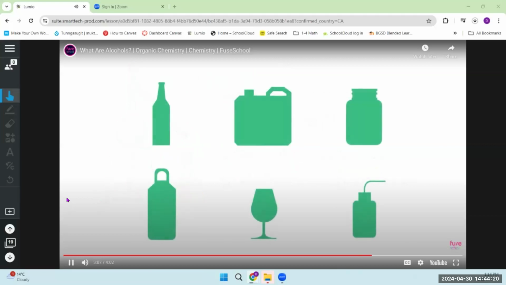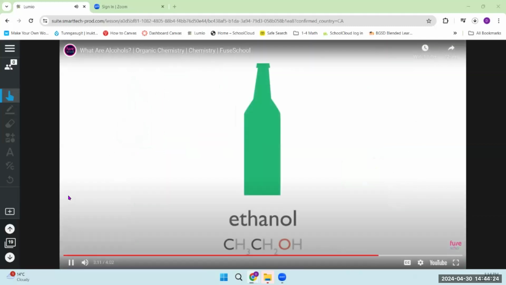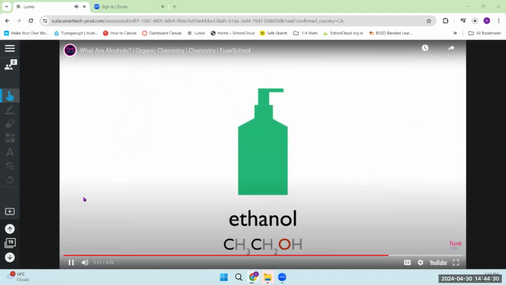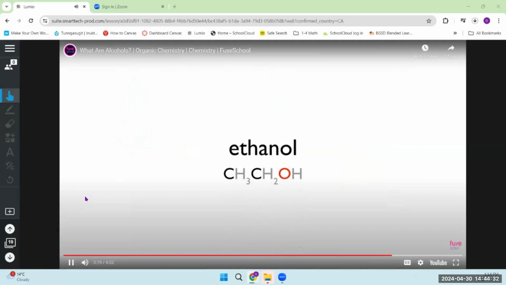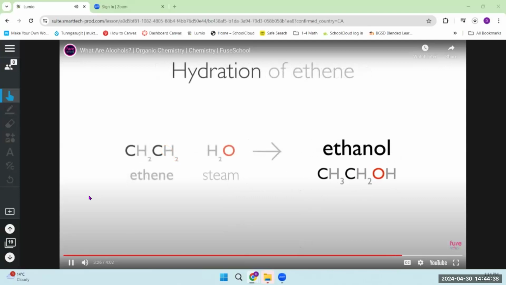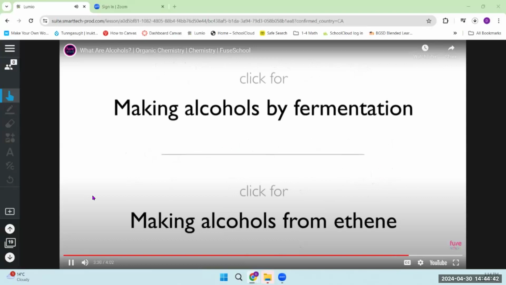Different alcohols have different uses at home and in industry. Ethanol is of course a common alcohol used in beverages, but it is also an important antiseptic. Ethanol can be made by 2 main methods: by fermentation and by the hydration of ethene. We have made a video on these molecules to learn about these methods in more detail.